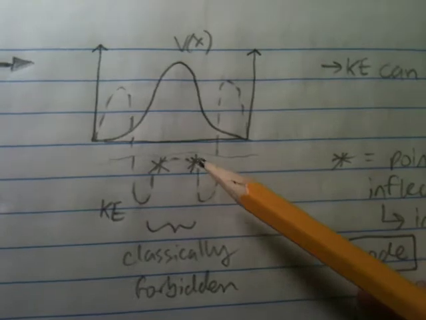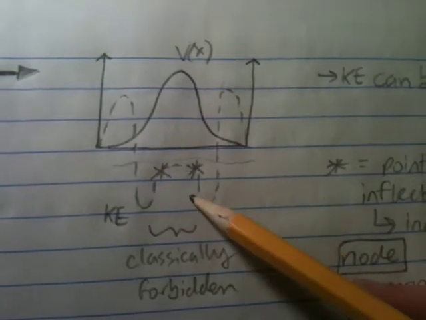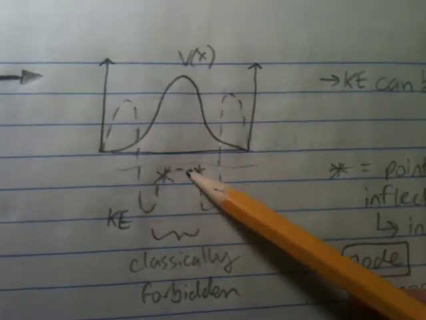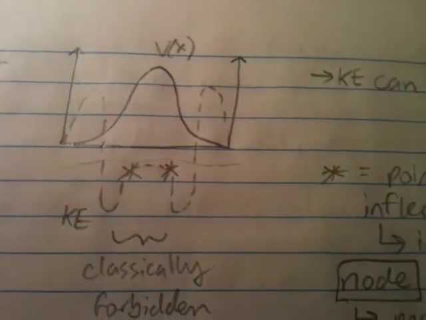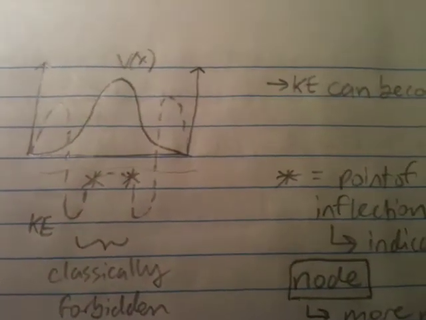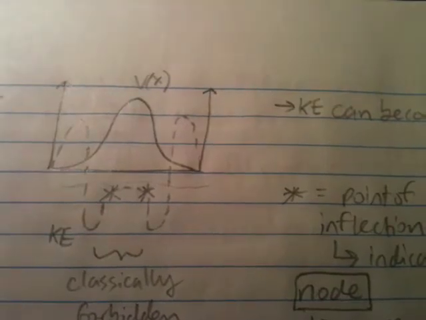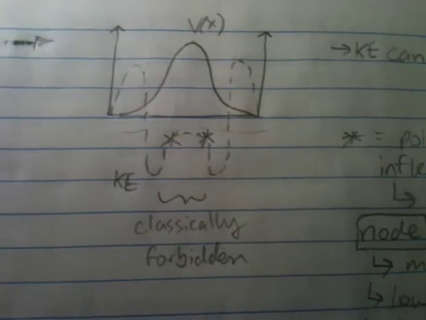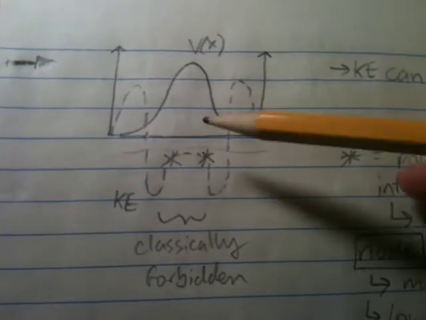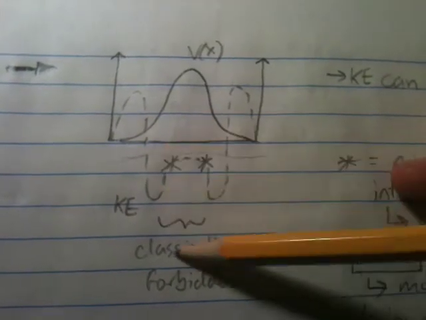It folds back on itself. It has downward concavity when v of x is positive and when k is negative. This is classically forbidden. Classically, this region is forbidden.